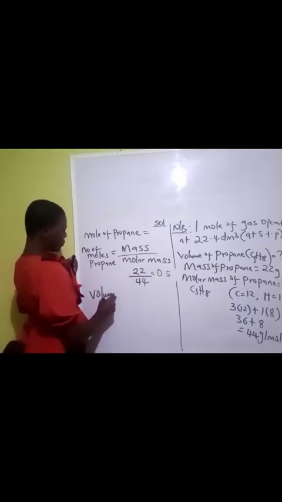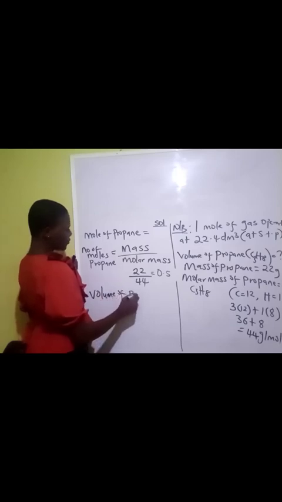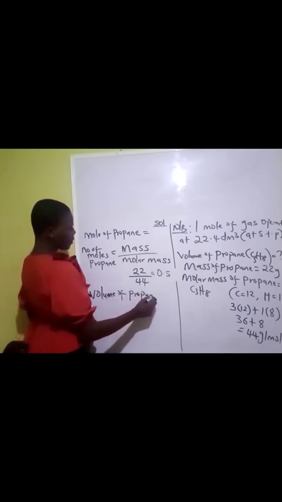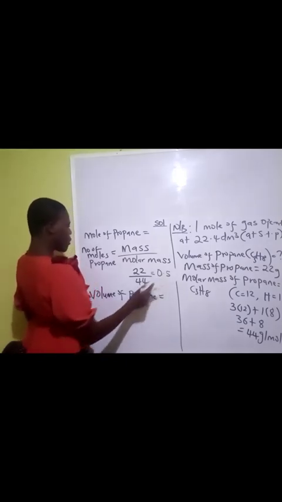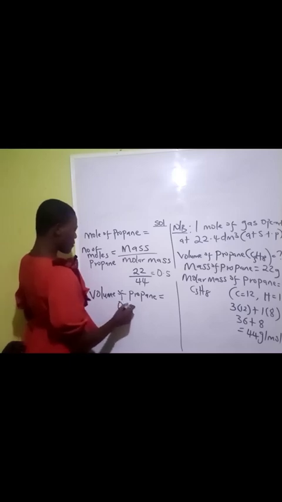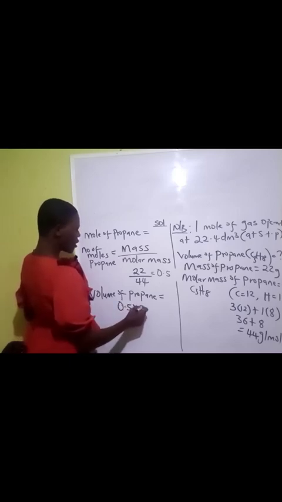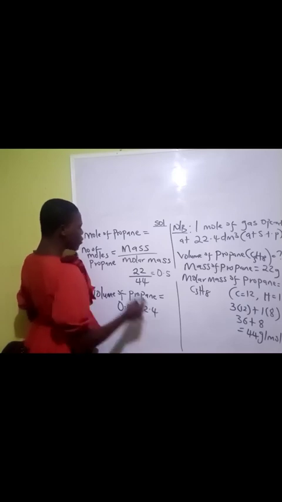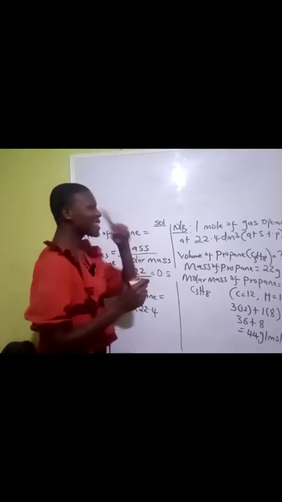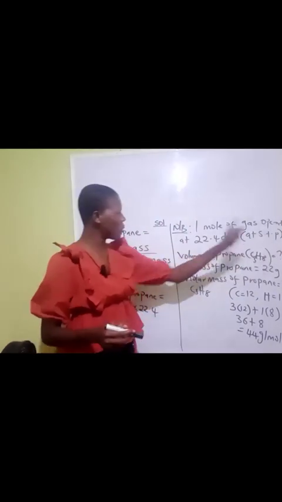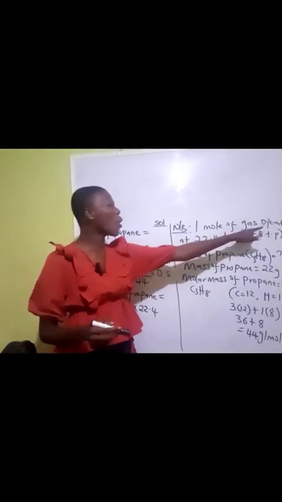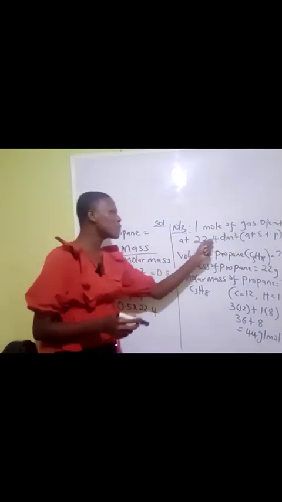And the volume of propane will be equal to the number of moles, 0.5, times 22.4. Please take note, I said that at STP, that's standard temperature and pressure, 1 mole of gas occupies 22.4 dm cube.